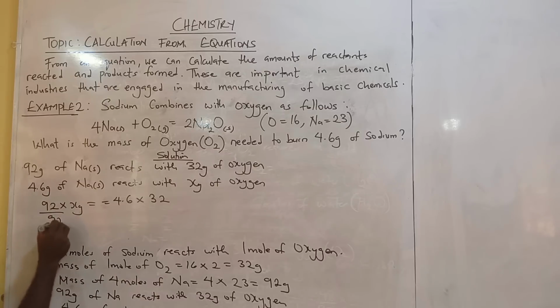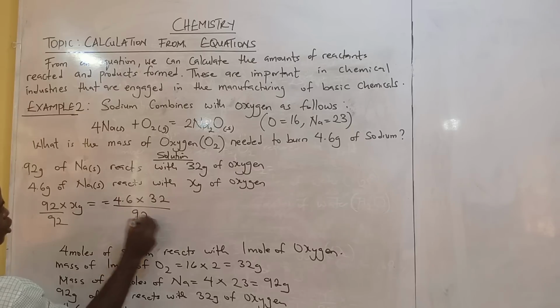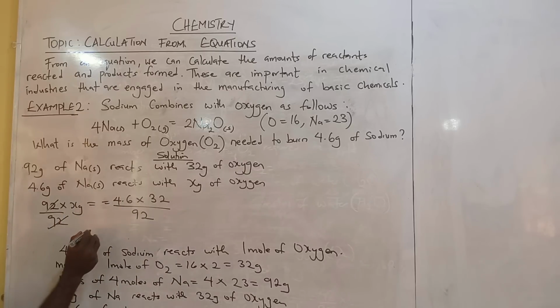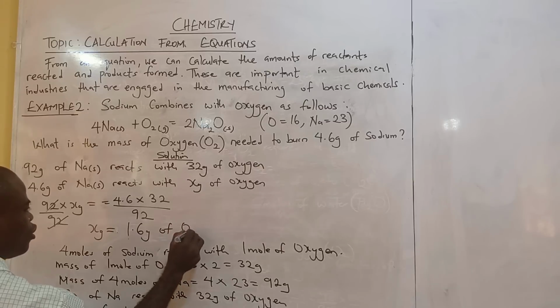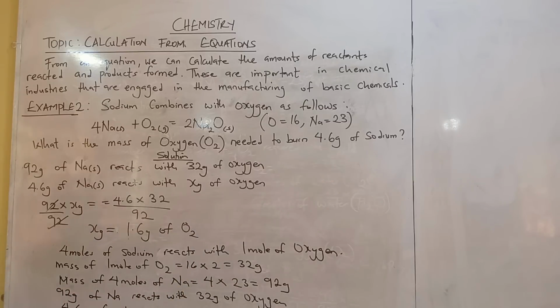Divide both sides by 92. 92 cancels 92. X gram equals, when you press your calculator, 1.6 gram of oxygen. This is the mass of oxygen needed to burn 4.6 gram of sodium.